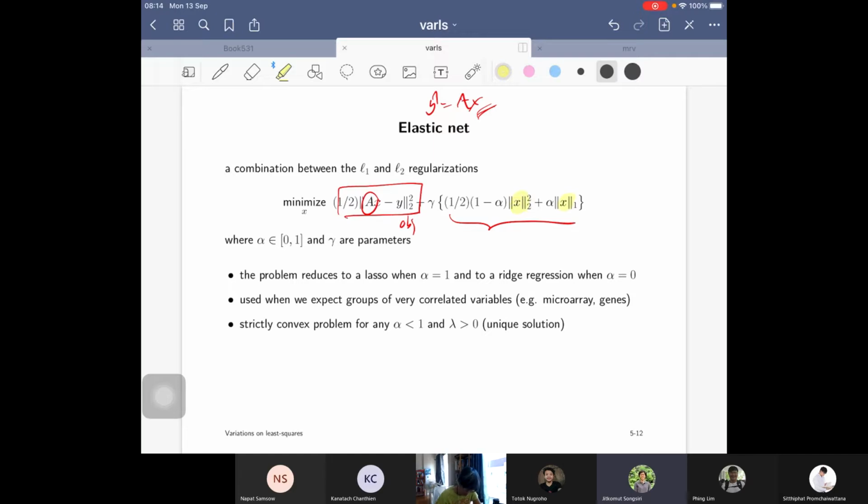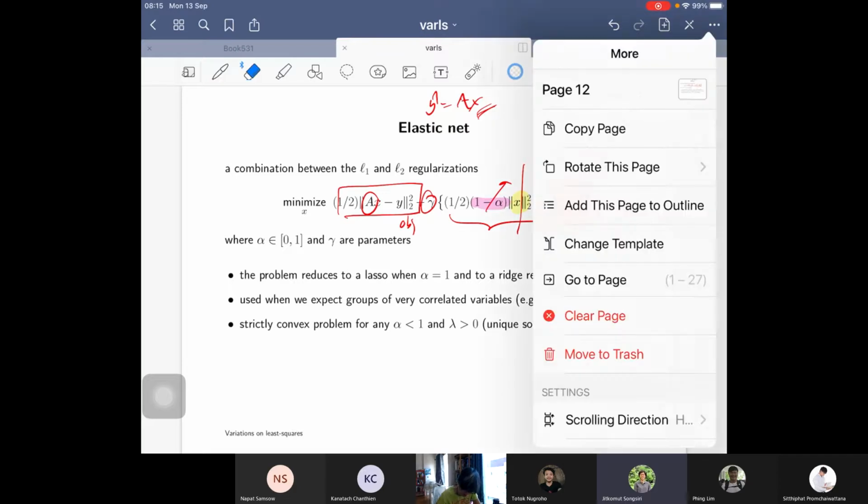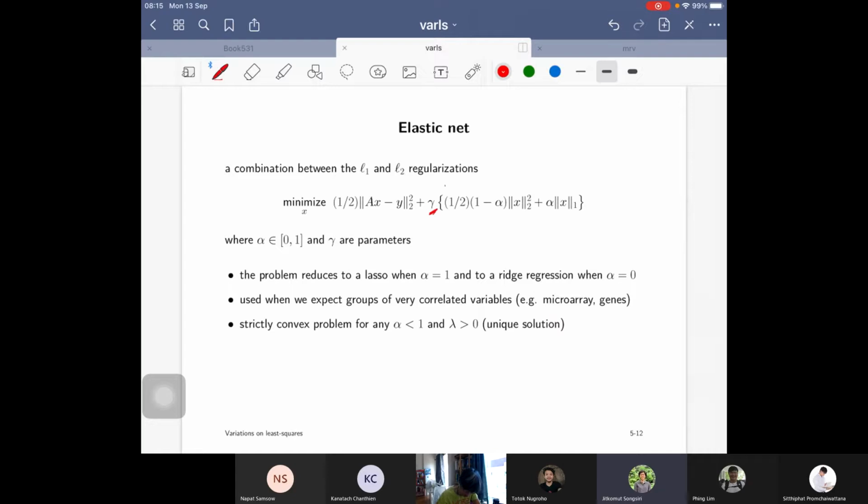Here you have the parameters 1 minus alpha and alpha, which are weights that you can vary. If alpha is large, you pay more attention to the L1 norm of x, which means x tends to have a smaller L1 norm relative to the L2 norm. And you also have gamma as a penalty parameter common for both regularizations.